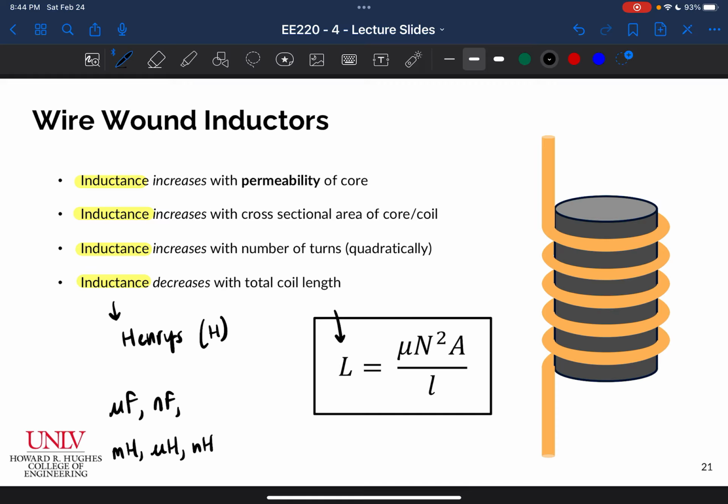So now let's get into these bullet points one by one. Pull out my highlighter. Inductance increases with the permeability of the core. Now what the heck does that mean? Well, that's this mu. This mu here is the permeability of my core.